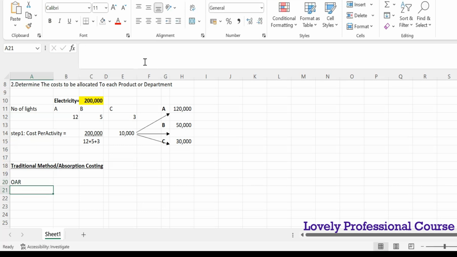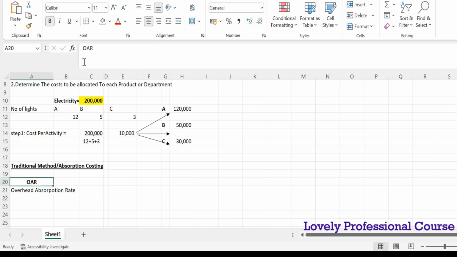This OAR means overhead absorption rate.